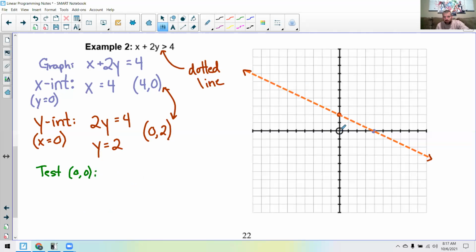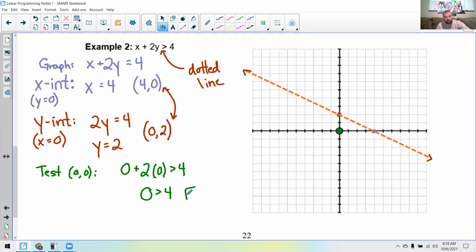I'm going to test this point right here. So when I plug in 0, 0, I get 0 plus 2 times 0 is greater than 4. 0 plus 0, I get 0 is greater than 4. 0 is not greater than 4.